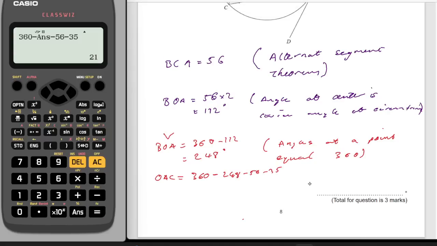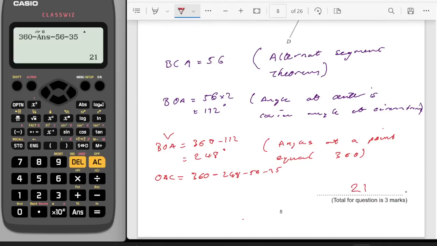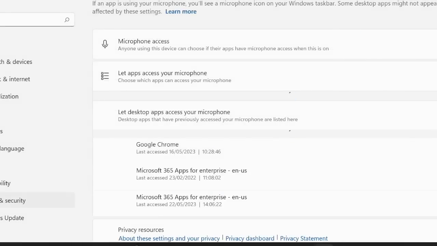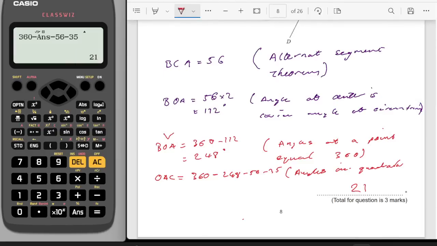Gives me 21. And I've missed that reason, so angles in a quadrilateral equal 360 degrees.